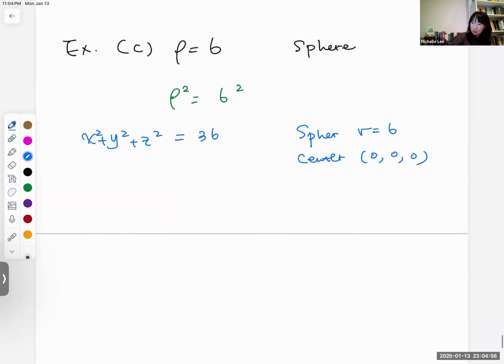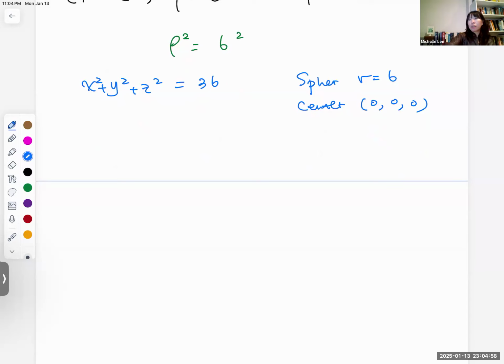Okay, the last one. We have rho equal to sine theta sine phi. Okay, so we want to make an equation so that we can figure out what kind of spherical equation this is. Yeah, so let's multiply by rho on both sides.